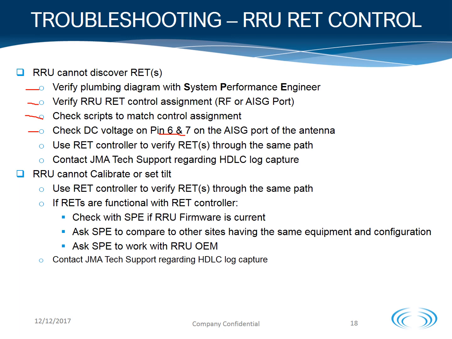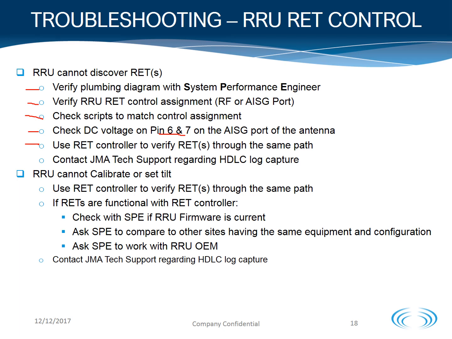If still not successful, you could use a RET controller to verify the RET functionality through the same path. So if the RRU is controlling the RETs through the RF port on the antenna, use a bottom Smart BIAST to hook up to those RF ports with the RET controller, making sure the radio has been removed out of the path.